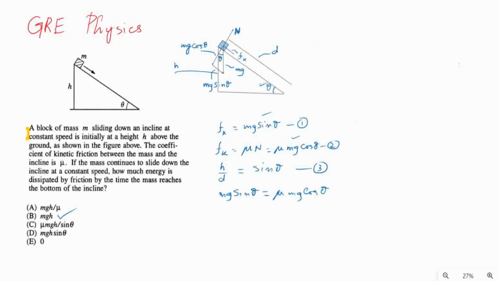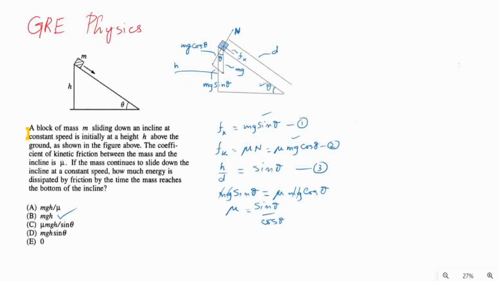From here you can see that mg cancels out, and mu is equal to sine theta by cosine theta, which is equal to tangent theta.